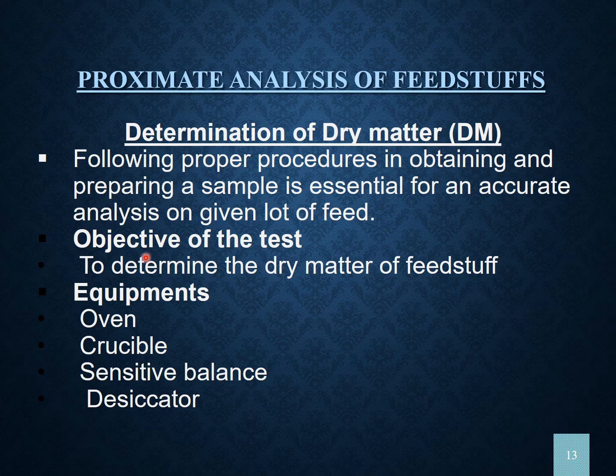The equipment: the dryer oven, the crucible, sensitive balance, and desiccator. I hope you remember these tools. I think I showed you in practical number 1. These are laboratory equipment: the oven, crucible, sensitive balance, and desiccator.